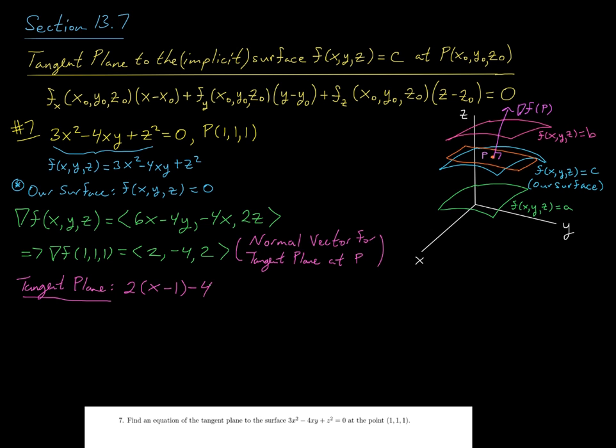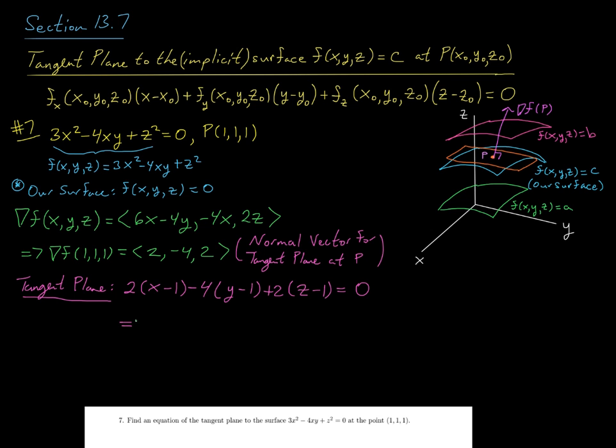Then minus 4, that's the j component of our normal vector, times y minus the y coordinate of our point, so that'd be also 1. And then lastly, plus 2 times z minus the z coordinate of our point, which is also 1, and that's going to equal 0.